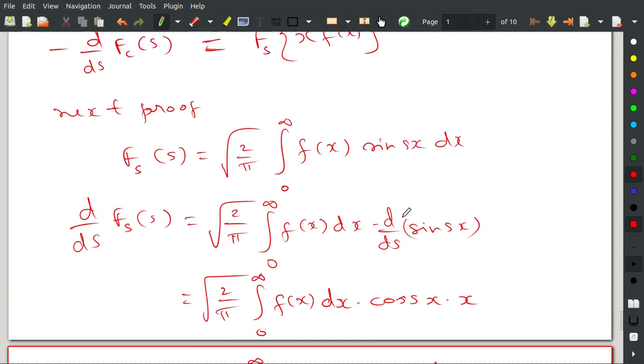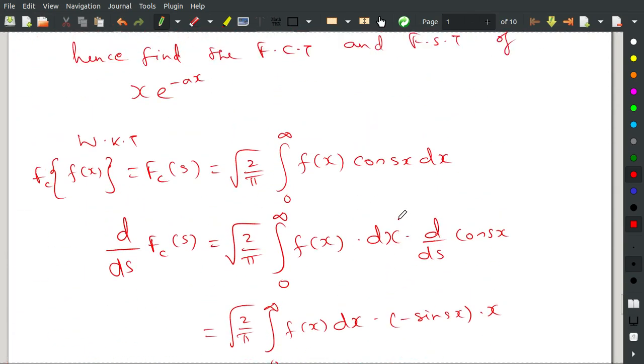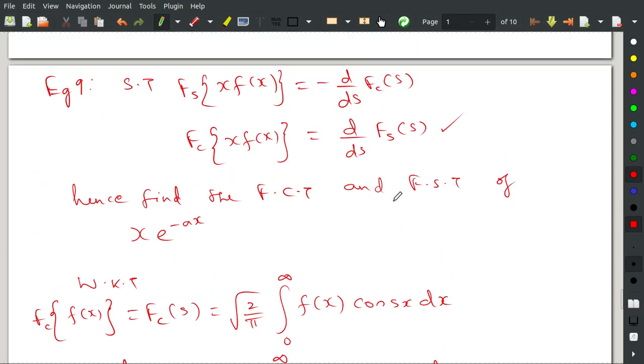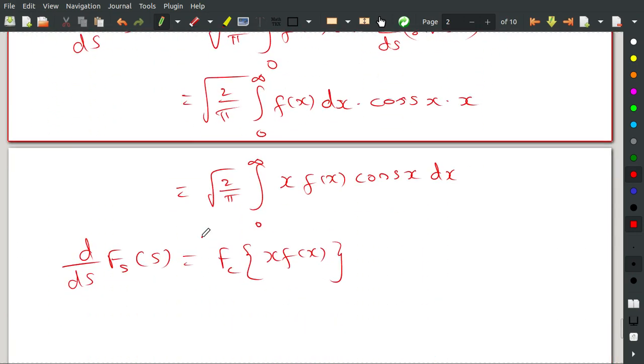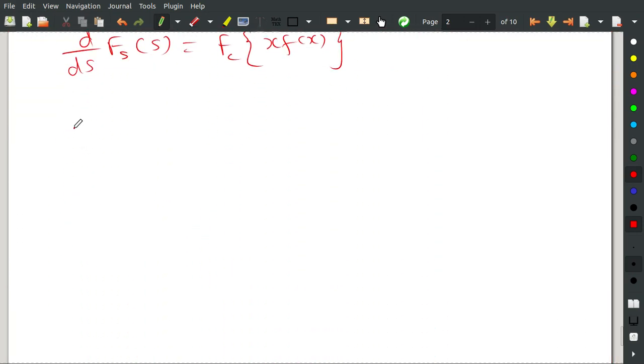Next we have to use this proof to find the Fourier sine and cosine transform of our f of x, which is x e power minus ax. For that, let's start with the known formulas. We have already worked this one.